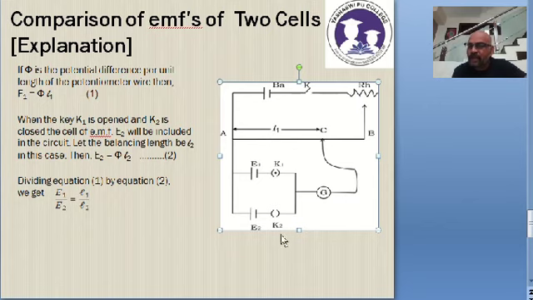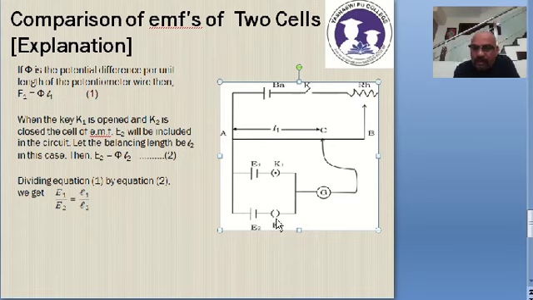Similarly, close the key K2, open the key K1, now cell 2 is included. Now measure the balancing length, call it L2, that L2 is proportional to E2. Now you know the value of L1, you know the value of L2, L1 divided by L2 gives you E1 divided by E2. That is how you compare the EMF of the two cells.